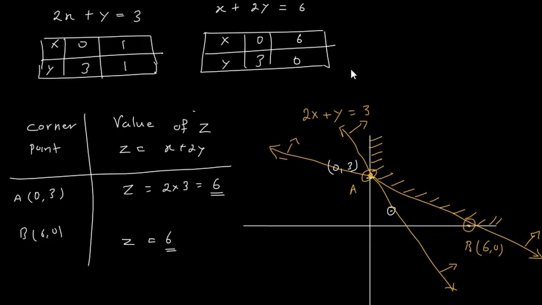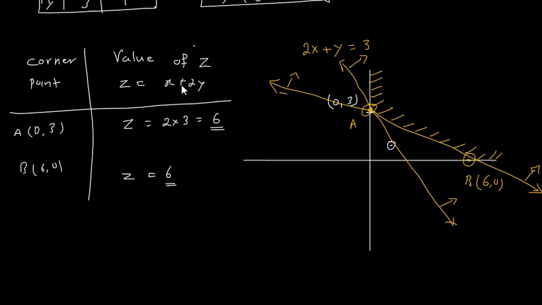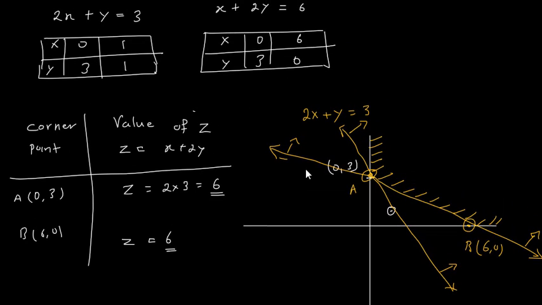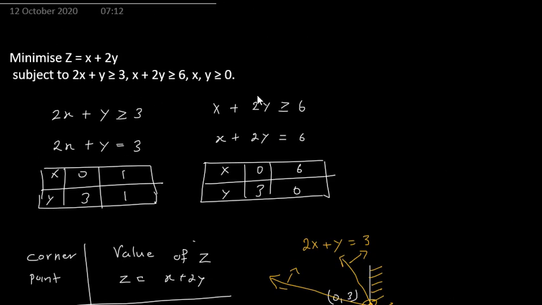Now we will see the graph of x plus 2y less than or equal to 6, because we have to find the minimum value, and this is an unbounded region.